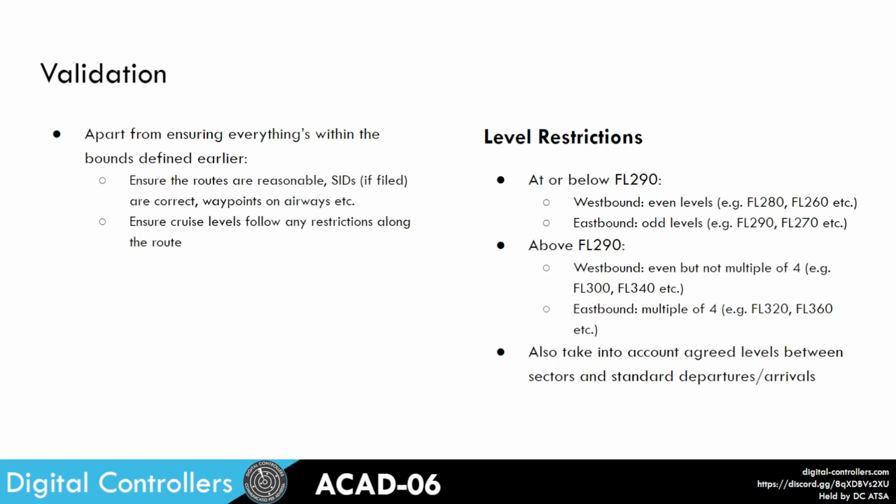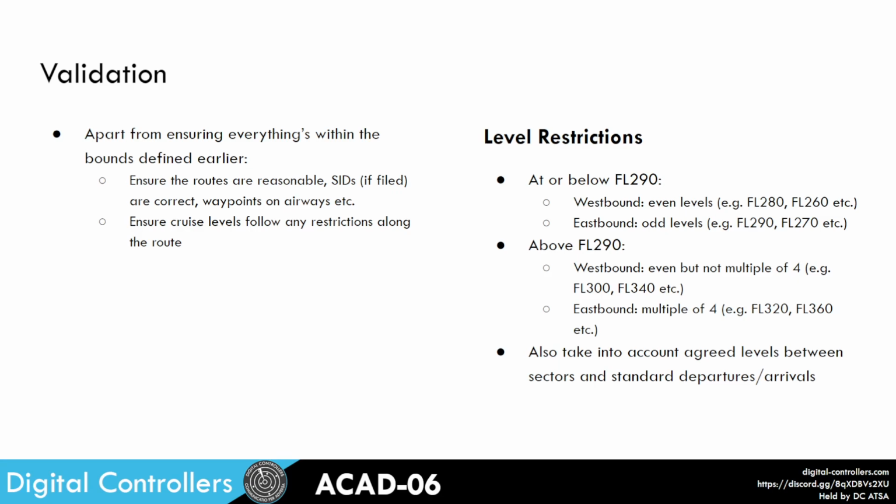Then we also have some level restrictions, which change when they're going eastbound or westbound, just to make sure that aircraft going in opposite directions have a lower chance of hitting each other.